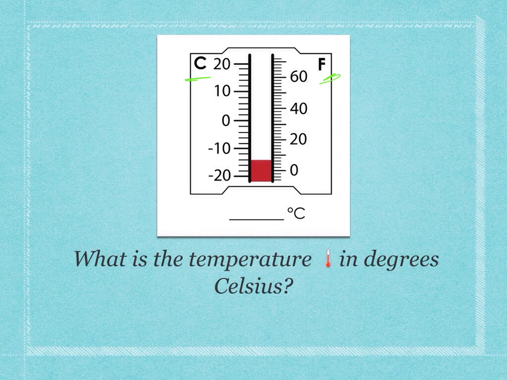Since my question is asking me the temperature in degrees Celsius, I'm going to use this side with the C. In order to figure out the temperature, since it's below 0, I know that this is -10. This one's -12, -14. So the temperature is going to be -14 degrees Celsius.